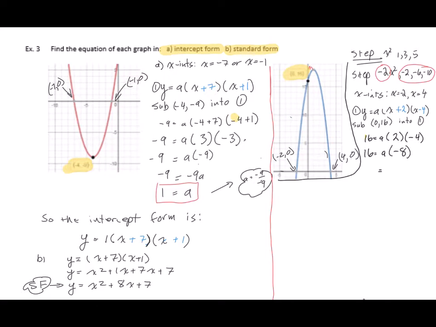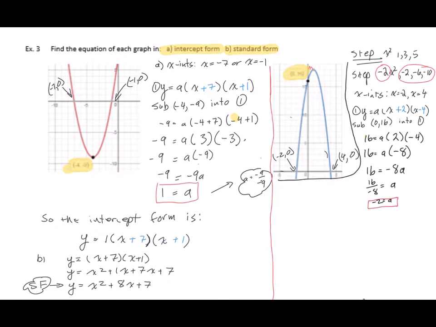So that simplifies to -8a is 16. Bringing a down, we end up with a is 16 over -8, which means a is -2, as we suspected.